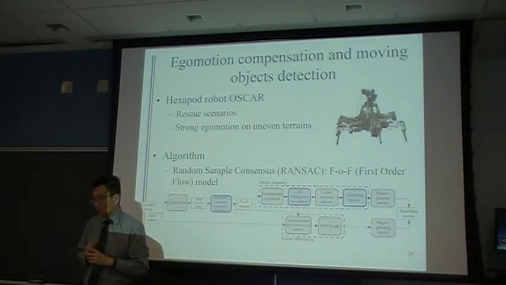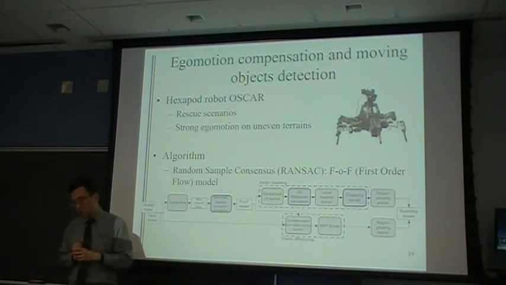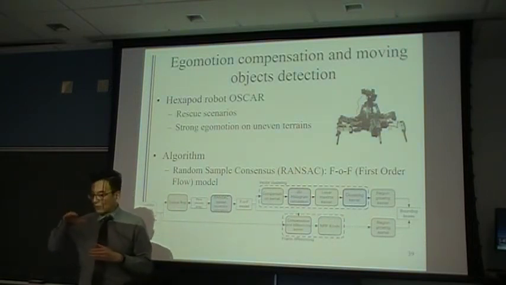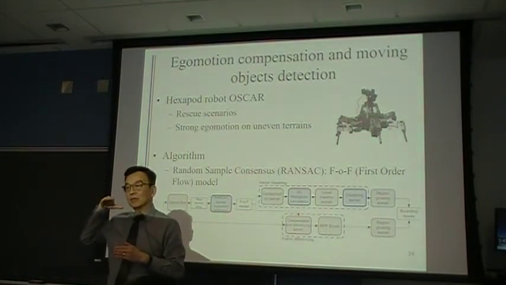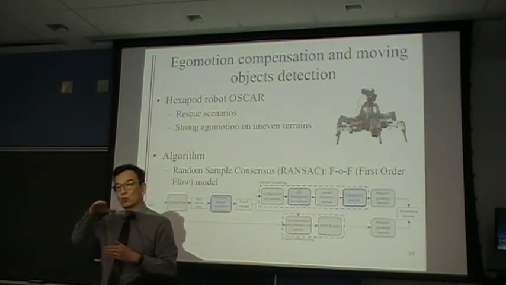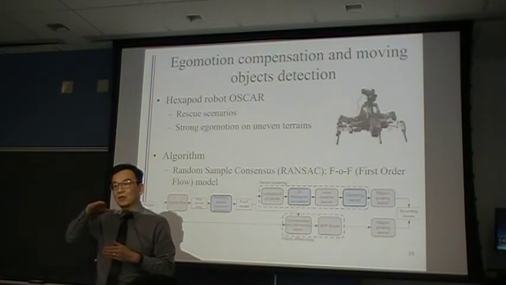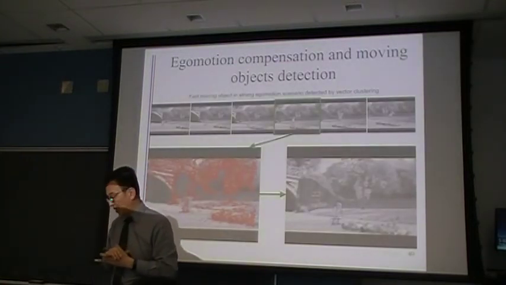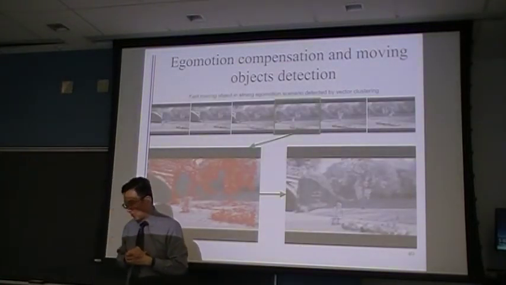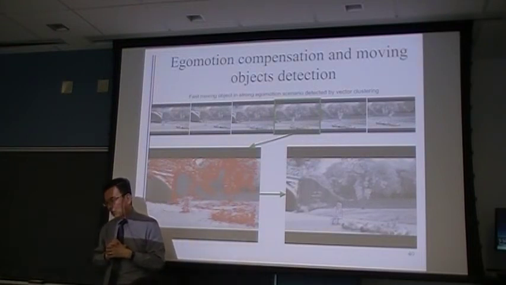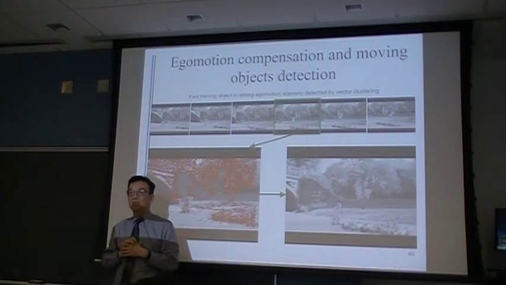Okay. So the issue is this. When you have some kind of vehicle or drone that is flying or moving, the question is, can you detect moving objects versus the background?